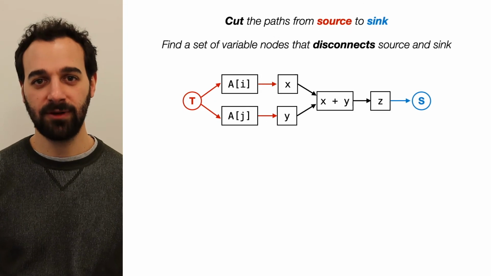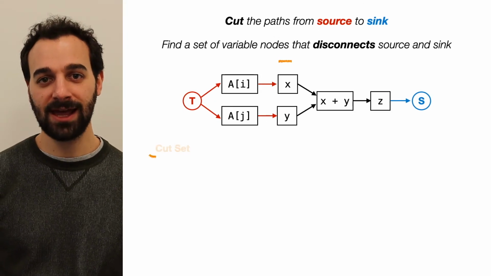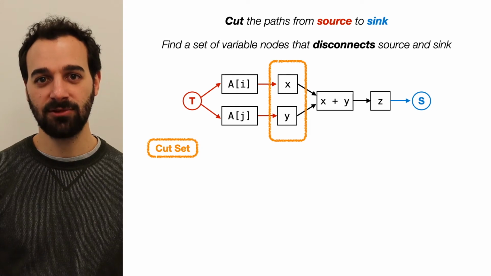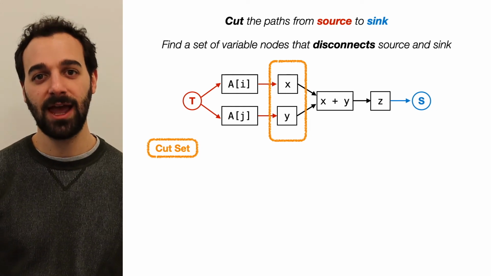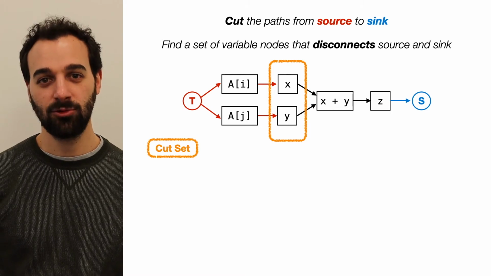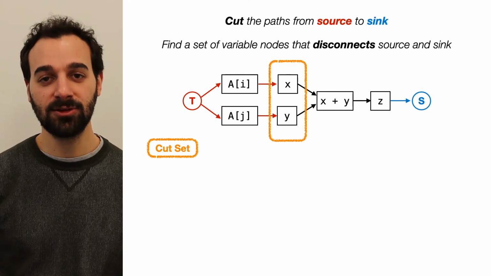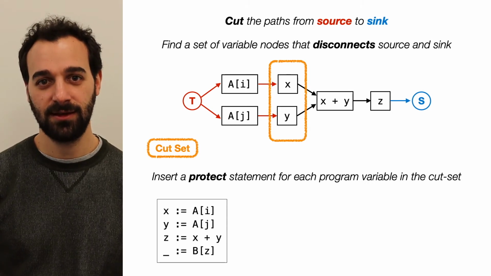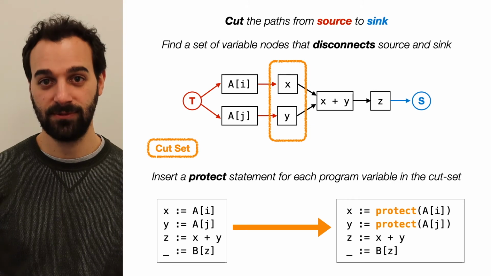This problem is equivalent to the problem of finding a cut set. A cut set is a set of variables such that removing these variables from the graph eliminates all paths from T to S. To repair the program, we only need to insert a protect statement for each variable in the cut set. The program on the right is now secure.